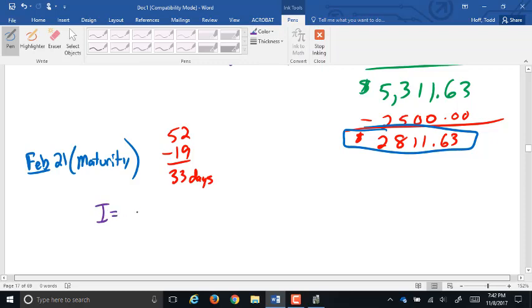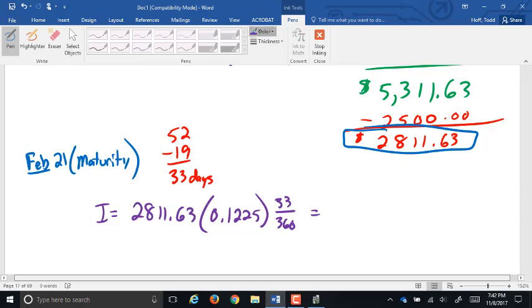So I equals 2811.63 times 0.1225 times 33 over 360 gives us $31.57.